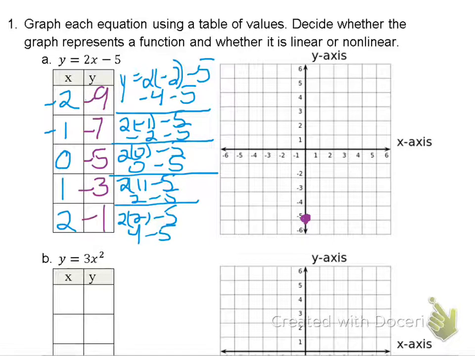So we're going to graph all these points. Some of them aren't going to quite fit on our graph. So I'll start with, I already graphed 0, negative 5. I'll start with 1, negative 3. And 2, negative 1. And then negative 1 is negative 7 on the y, which would be right about there.